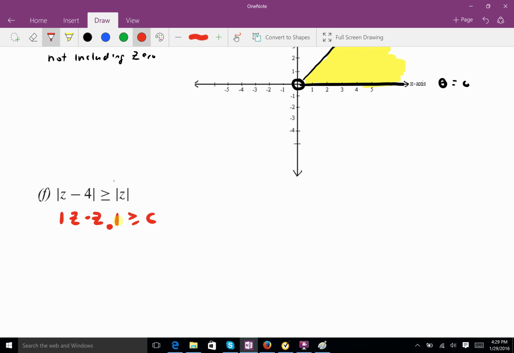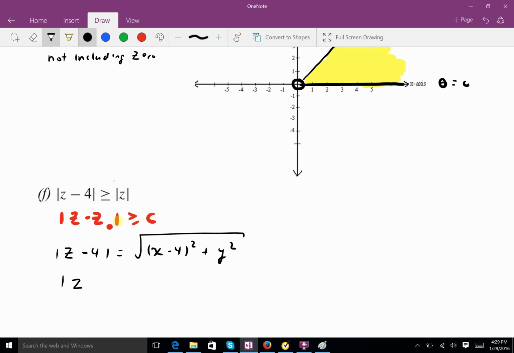So what we're going to do is go ahead and set up this equation, okay? We're going to notice that the absolute value of z minus 4 is equal to the square root of x minus 4, quantity squared, plus y squared, square root.